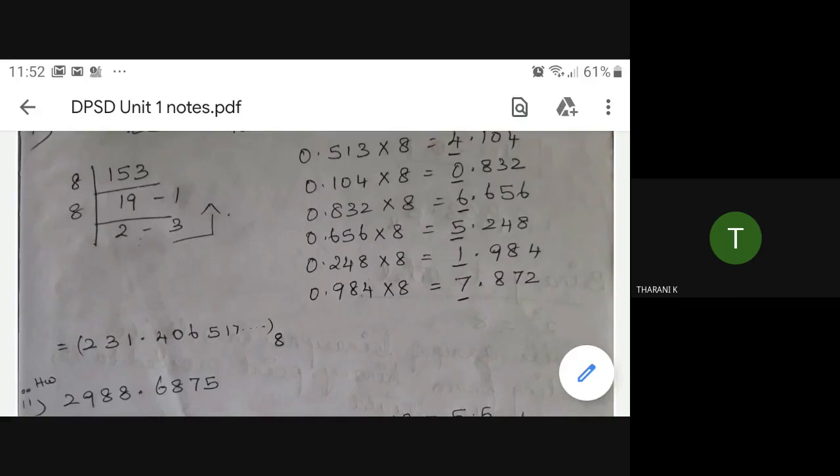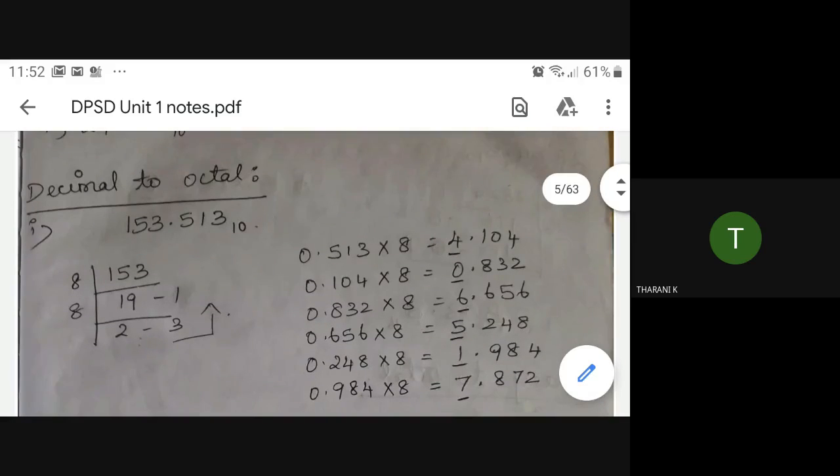And the fractional part: you have 0.513, which you take and multiply by base 8. So you get 4.104. Underline the 4, that is the value you are going to take. In the next step you take 0.104 and multiply by 8, and you get 0.832.